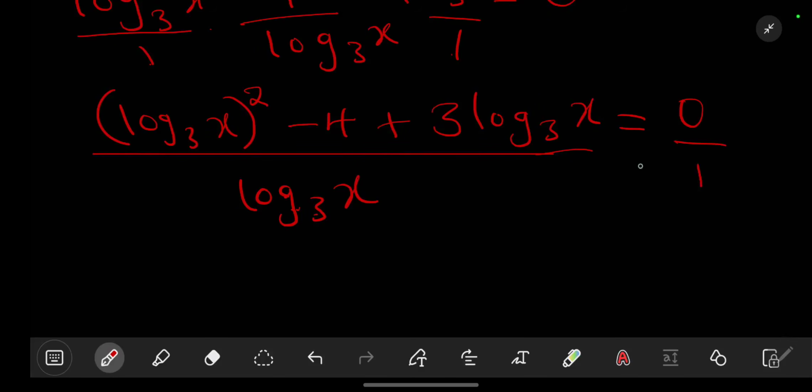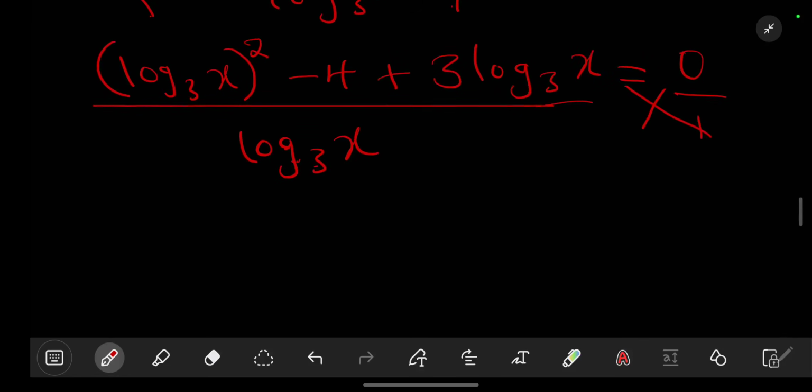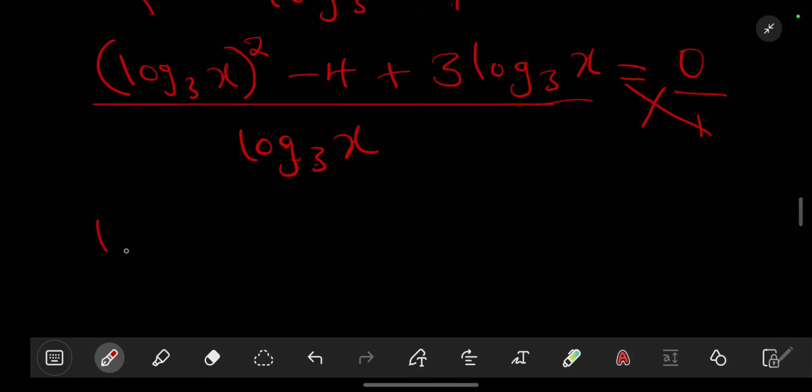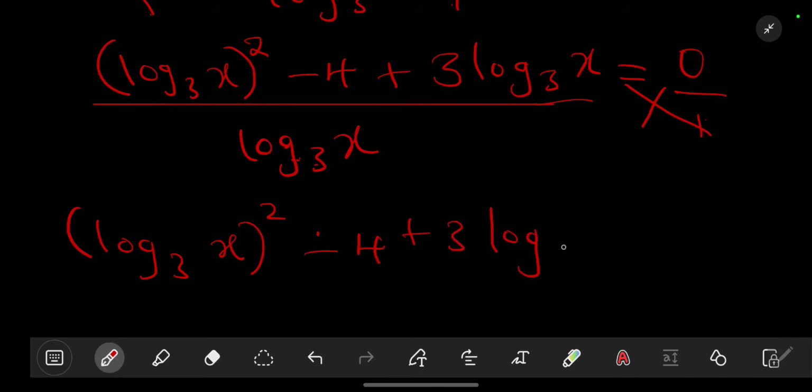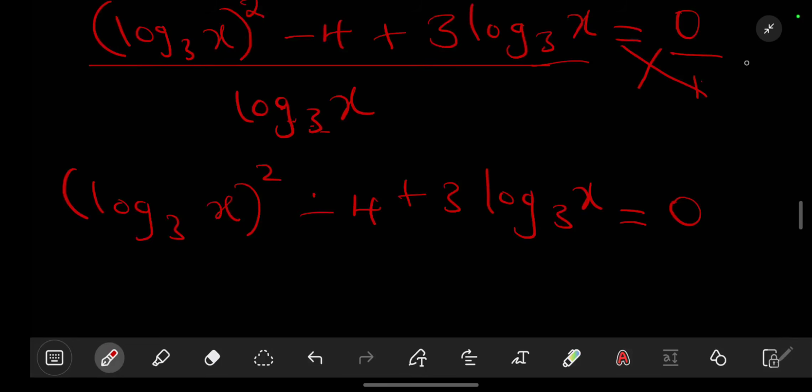If we cross multiply, we get 1 times all this, it will be the log of x base 3 squared there. Then we have minus 4 plus 3 log of x base 3, should be equal to this times this, it is going to give us a 0 like that.